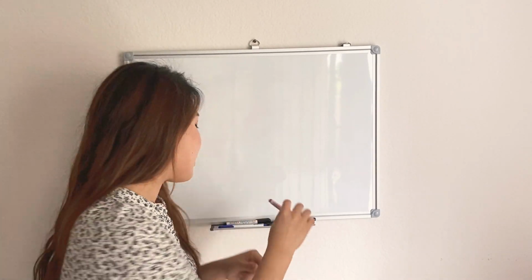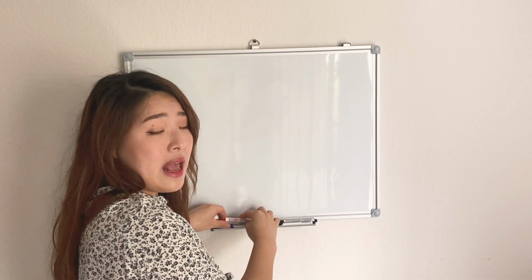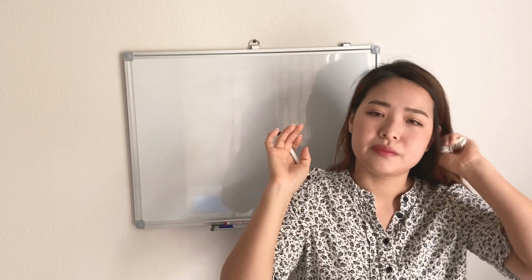You guys are going to learn about an angle. Now raise your hand if you already know what an angle is. Oh, okay. Now an angle is when a line meets another line.